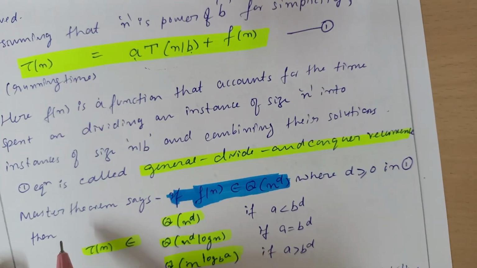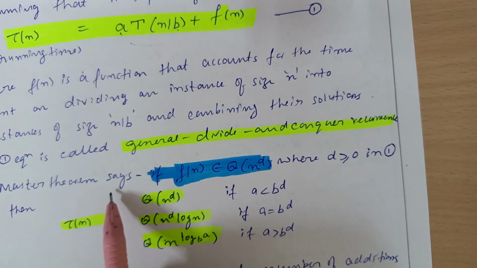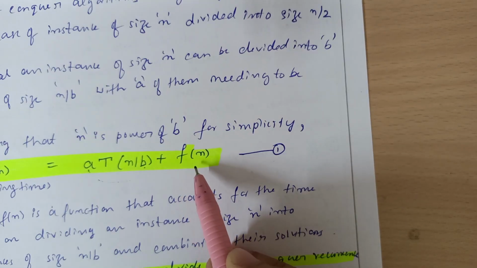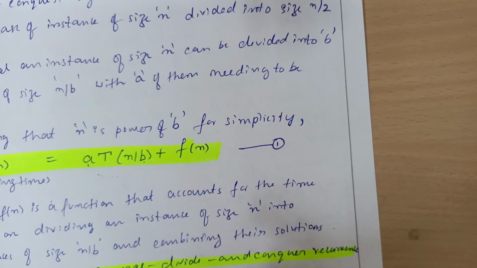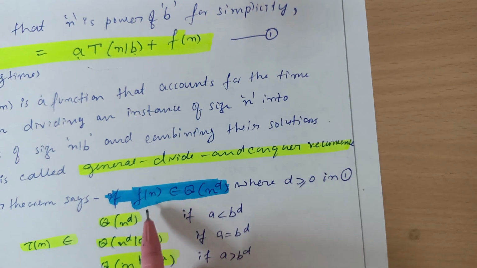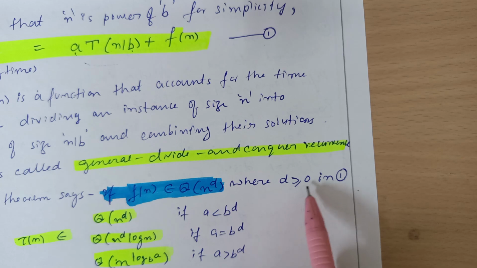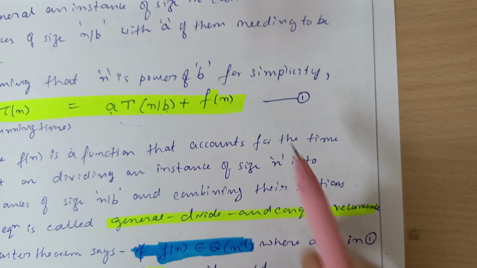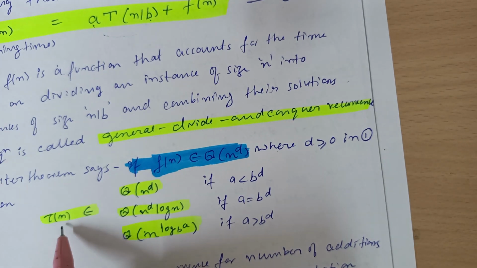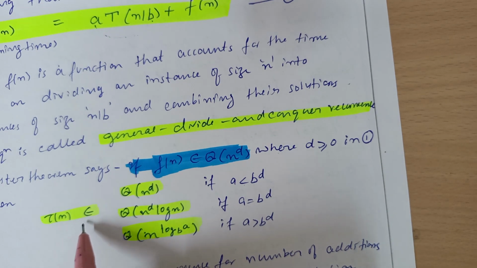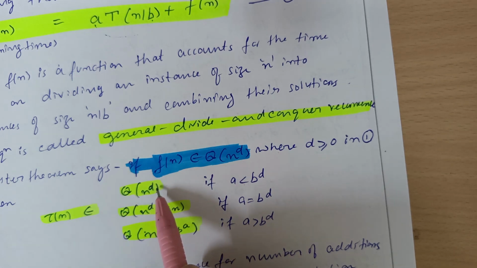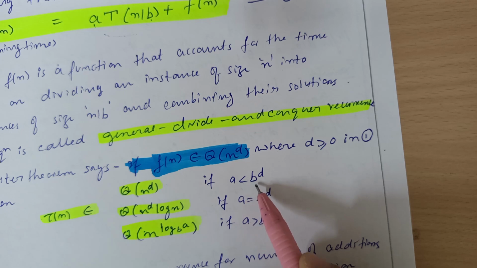Now we should come to the master theorem, which says that if this second part, the additional work for division and merging of the solutions, f of n, belongs to theta of n to the power d, where d is greater than or equal to 0, then the time complexity for n instances belongs to theta n to the power d in the first case, if a is less than b to the power d.